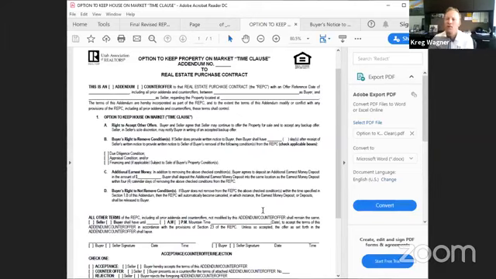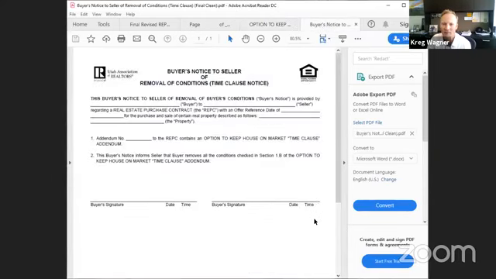The other aspect with this is, how does the buyer notify the seller that they are removing the conditions of purchase found in 1.B? That's where we have a new form that does this. Again, some of you noticed we have right here 1.B, we did make that correction.